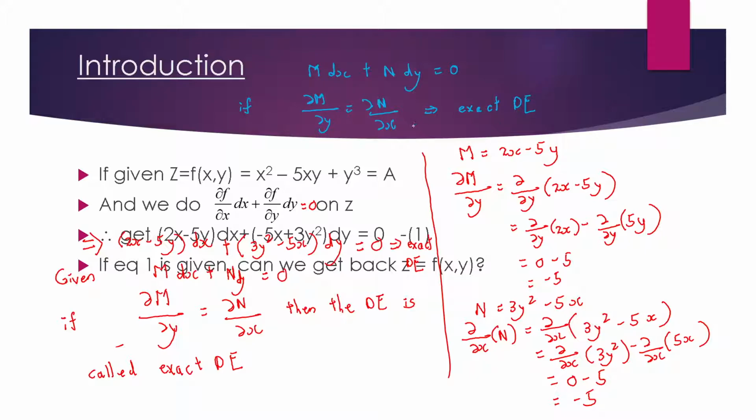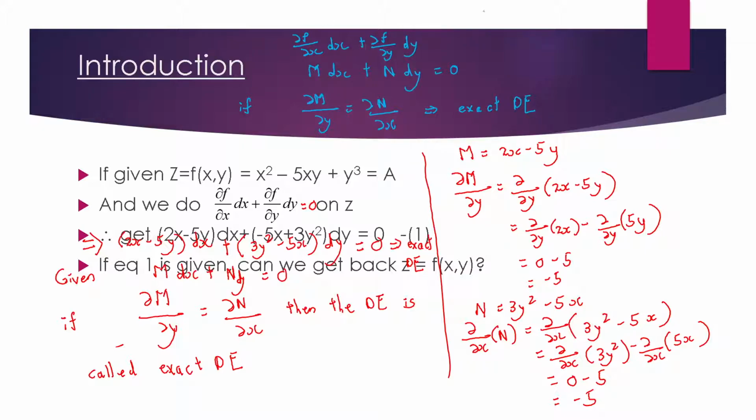If this is an exact differential equation, how are you going to obtain its solution? Actually, the solution is given by f(x,y) equal to a. So how to obtain the f? M is actually from the term del f del x dx. N is actually from the term del f del y dy.